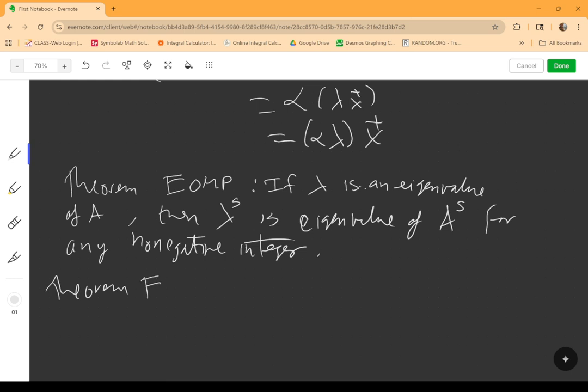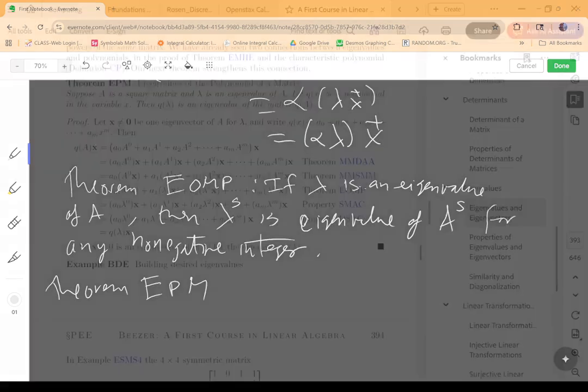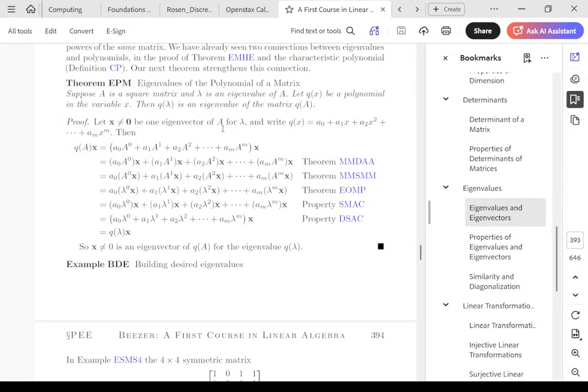So, theorem EPM, eigenvalues of the polynomial matrix, which is something we haven't talked about.